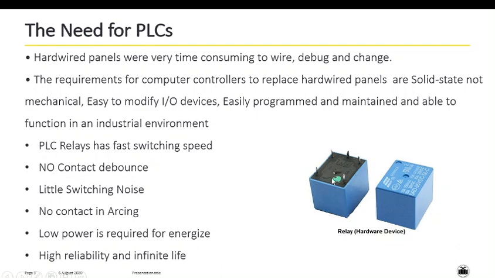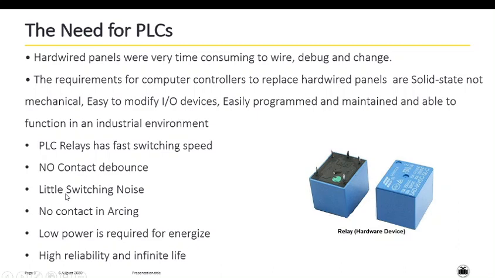What happens in these relays is that whenever we connect a supply to this primary winding, NC becomes NO, and the pointer gets deflected. There is a debounce, so it will go here, go there, go here, go there. It is like the key debounce which happens in a keyboard, but this debounce is not observed in PLC relays.